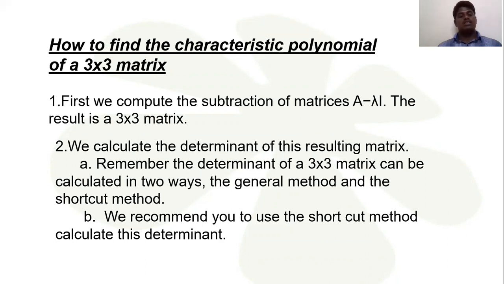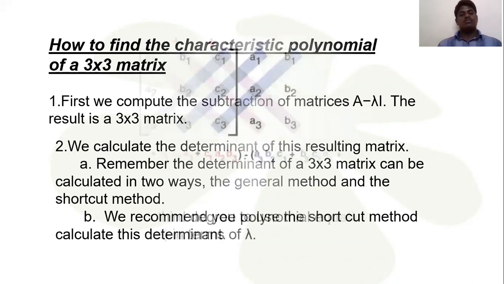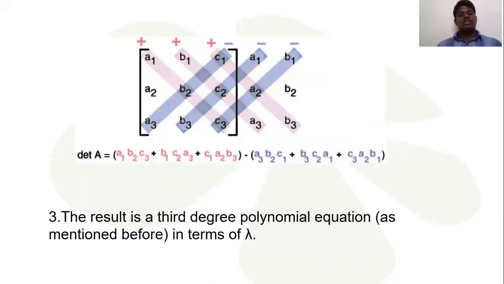Taking the diagonals as positive: a1 b2 c3 plus b1 c2 a3 plus c1 a2 b3, minus a3 b2 c1 plus b3 c2 a1 plus c3 a2 b1.